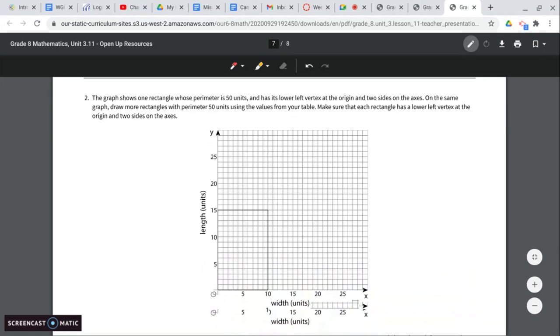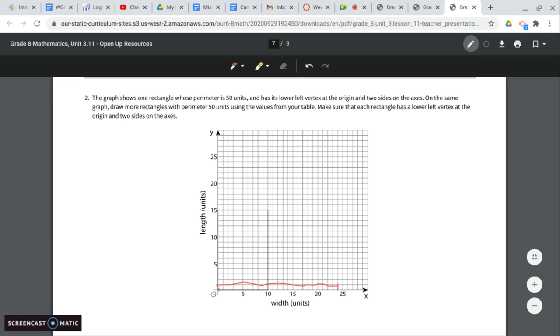So what we're going to notice here is a line is going to form. So this is our width is 24 and our height was 1. So here's our rectangle.